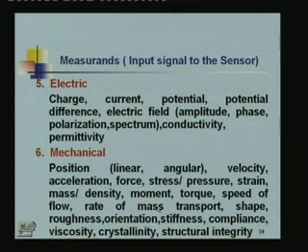Then velocity, acceleration, force, stress or pressure, strain, mass or density, moment, torque, speed of flow, rate of mass transport, shape, roughness, orientation, stiffness, compliance, viscosity, crystallinity, structural integrity. So, all these are the measurements. Okay. So, those all belong to the mechanical signal or mechanical energy.